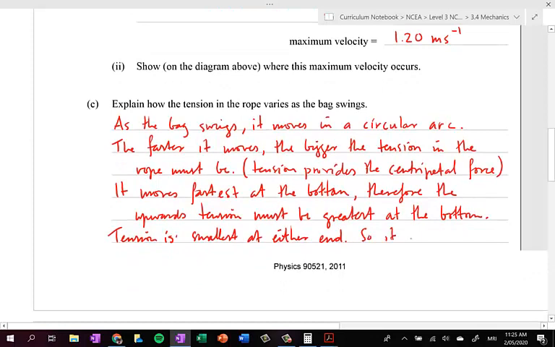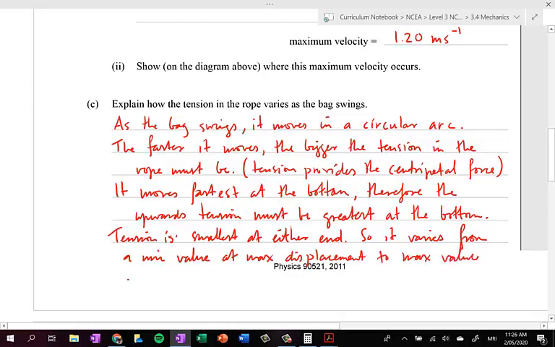So it varies from a minimum value at max displacement to max value at equilibrium.